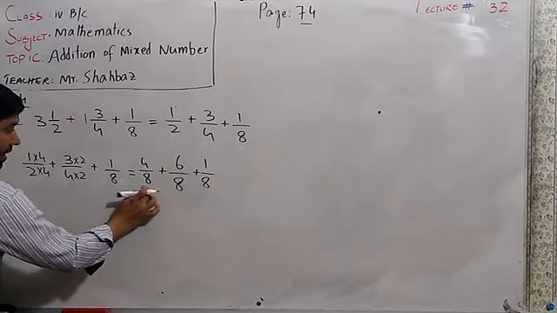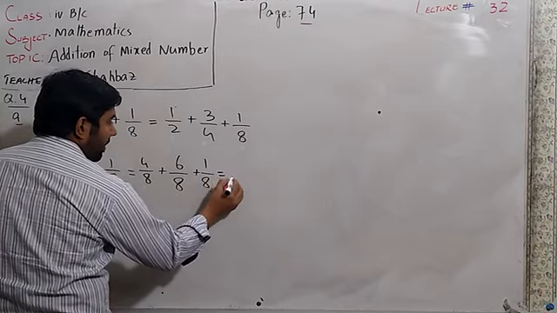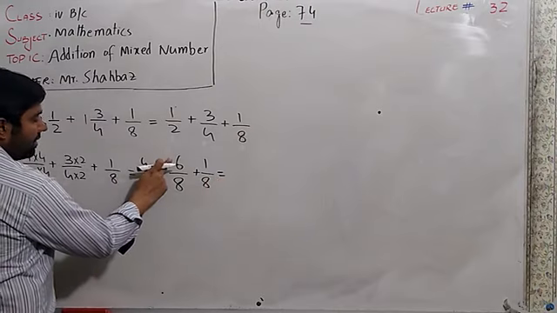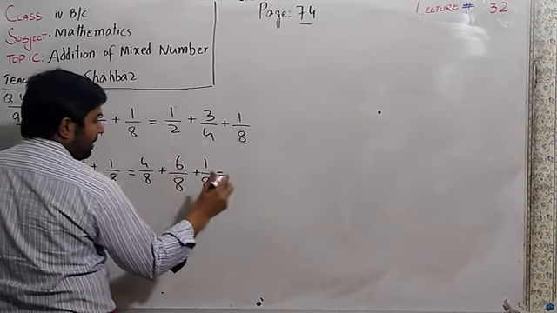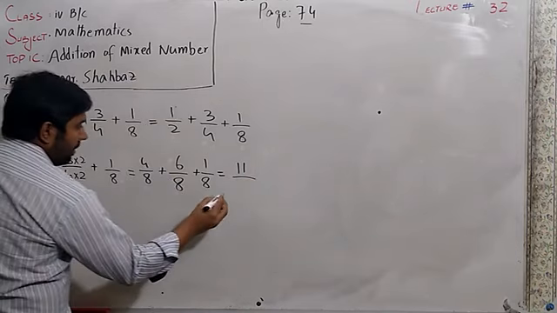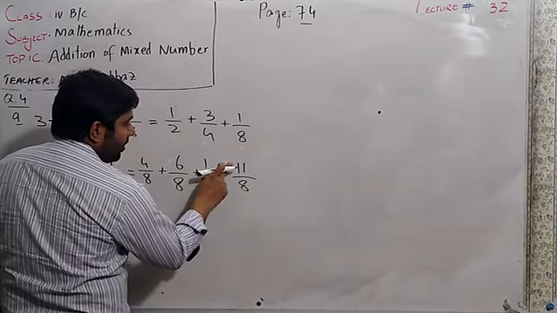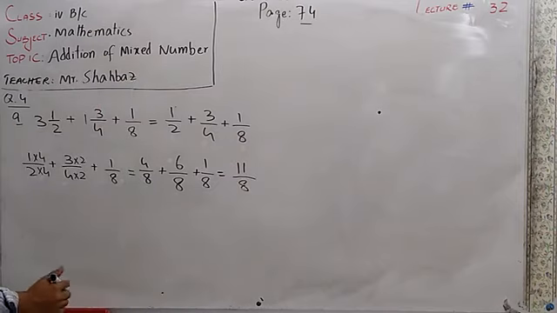Now these are same. This 8, this is 8, and this also 8. We can add easily. 4 plus 6, 10. 10 plus 1, 11. 11/8. You can see that we cannot simplify more. So this is the fraction. And now whole number.